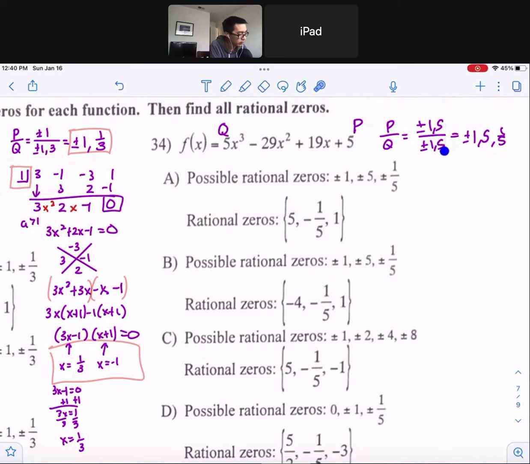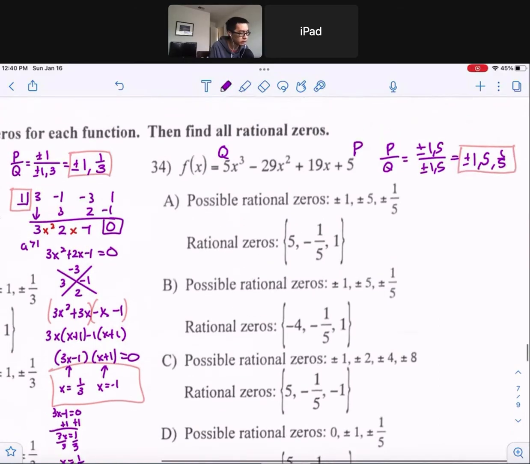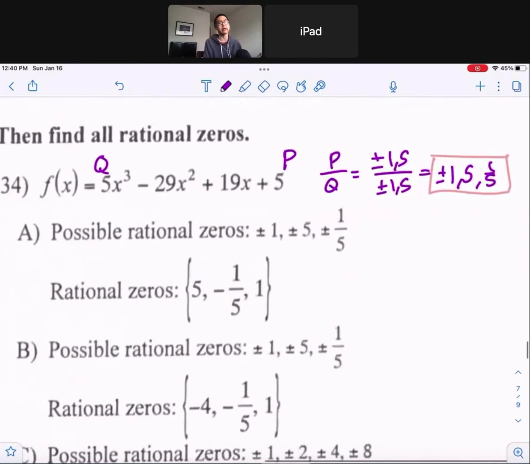And 5 divided by 5, that's 1, but that's already in the list, so we're really just dealing with this. Those are the possible rational zeros. Now we have to figure out which one is a zero by doing synthetic division to see if it will give us a remainder of 0.